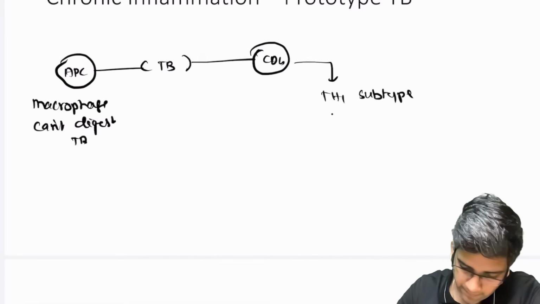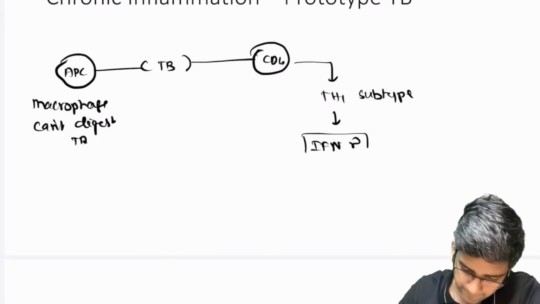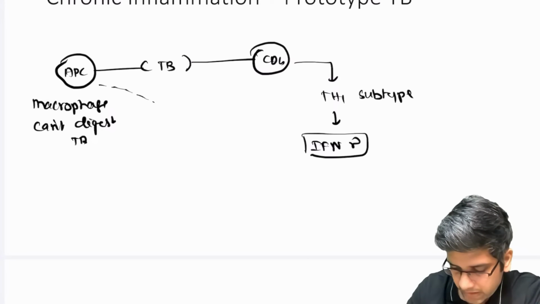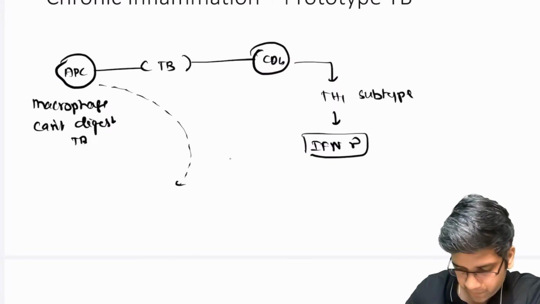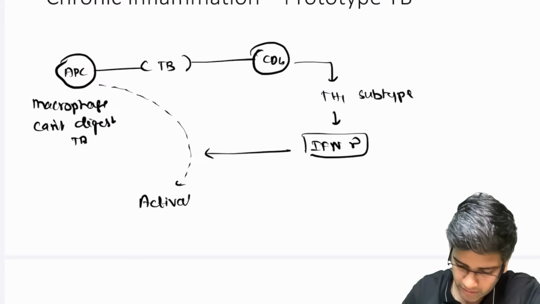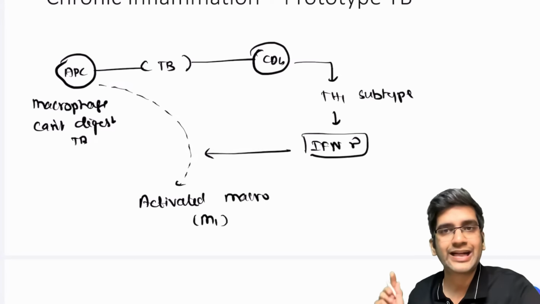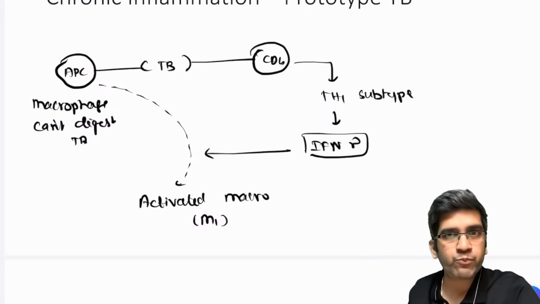This Th1 subtype is going to release one of the most important guys, interferon gamma. This interferon gamma will convert my normal macrophage into activated macrophages. Which subtype of activation? M1 subtype. This is very, very important. Classical activated macrophage or an M1 subtype.